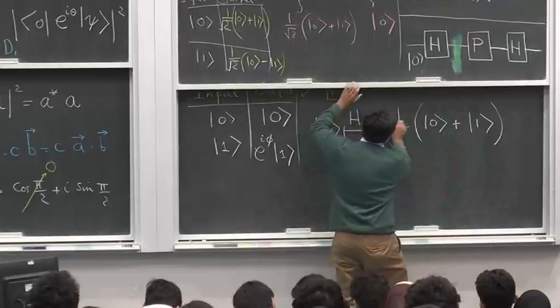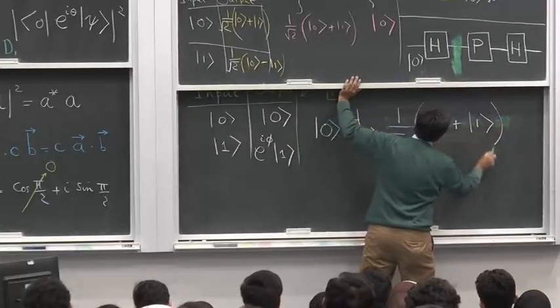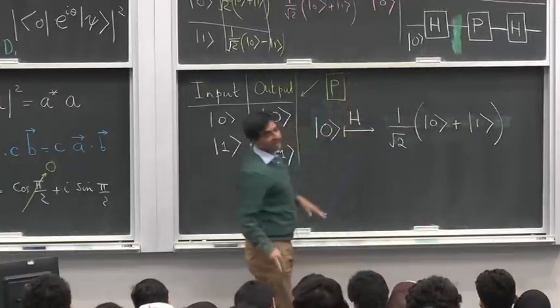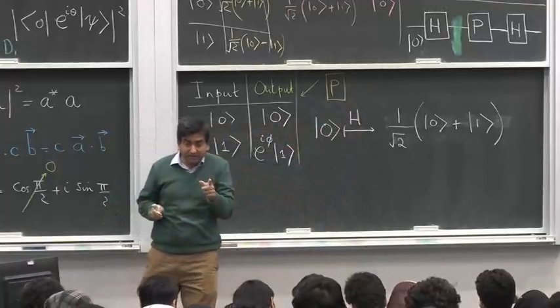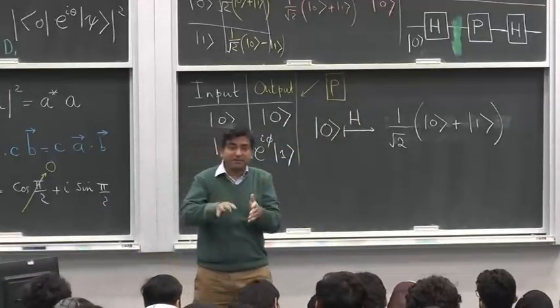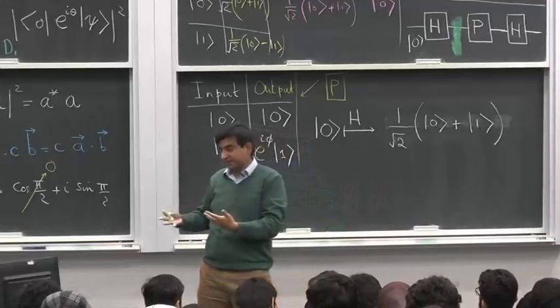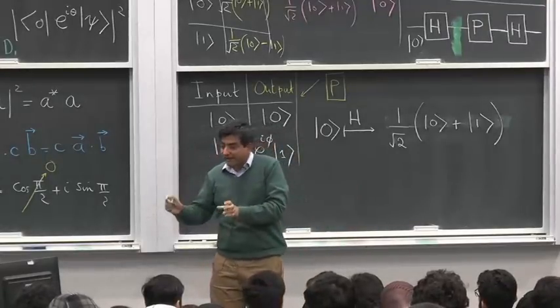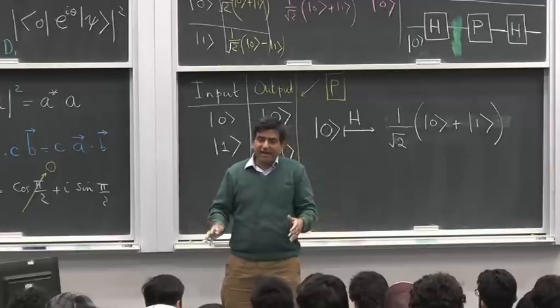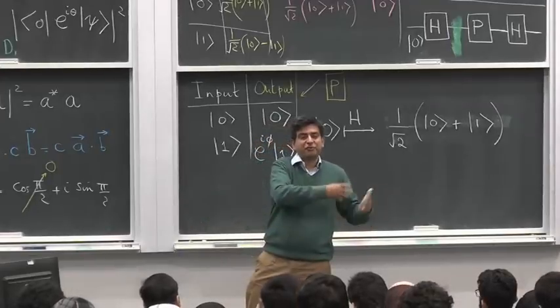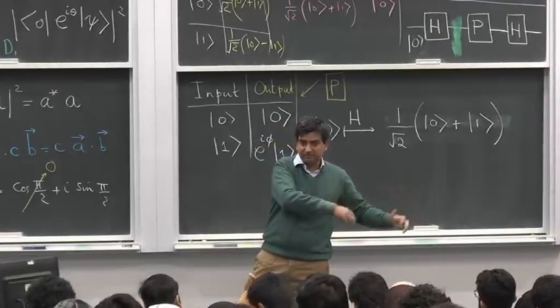This is my state over here. And I'm not observing it as yet. Remember this, because observation or measurement destroys the state. It creates a new state. It collapses the state. I'm not making an observation.